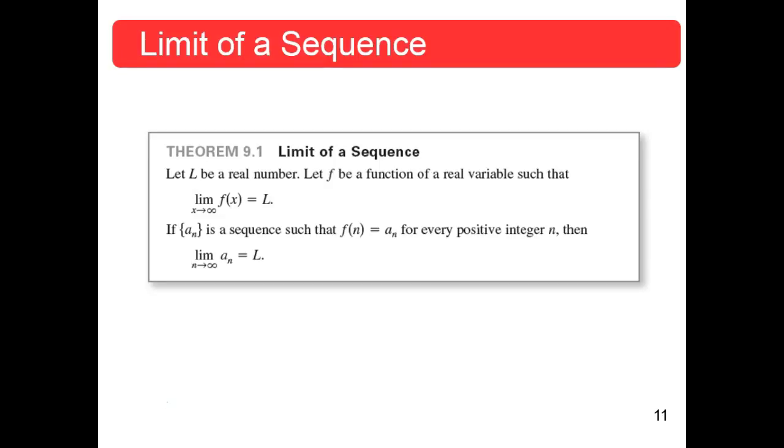Now, first they started off with a function of a real variable, not just of an integer, any real variable. If this function, as x goes to infinity, has limit L, then you can find a sequence as long as f of n, where n is positive integers, is equal to a sub n for every positive integer n.